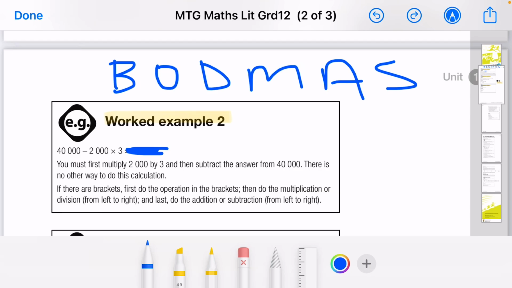So ladies and gentlemen, before you even get to your next step, ask yourself, do you see brackets there? The answer to that question is no. Then it means we move on. Do we see an order or powers or exponents there, ladies and gentlemen?